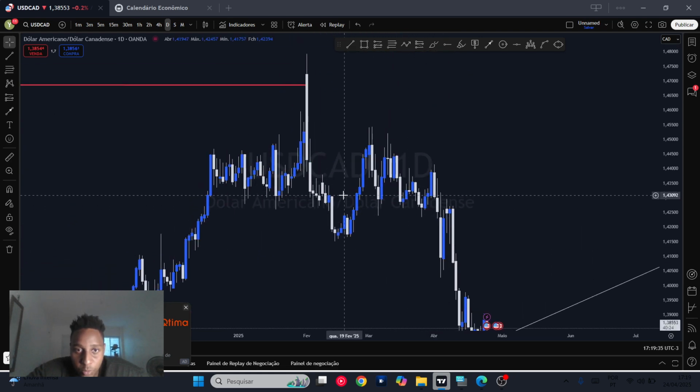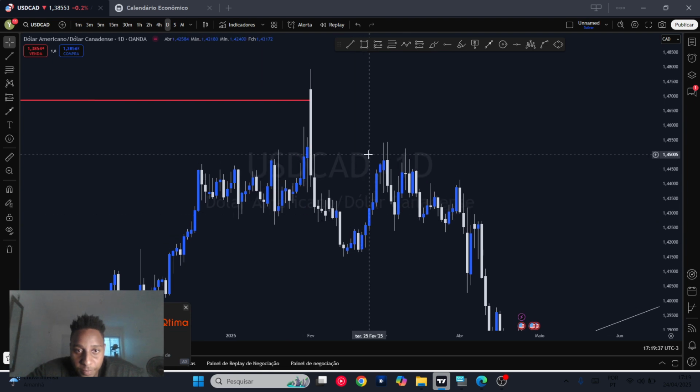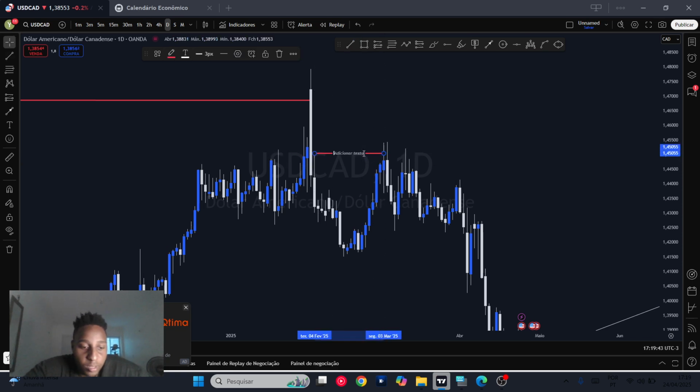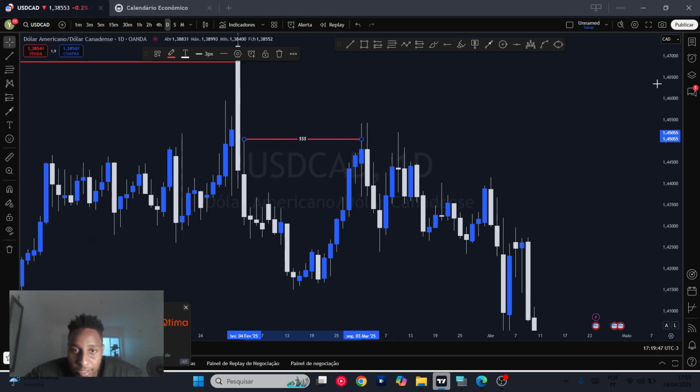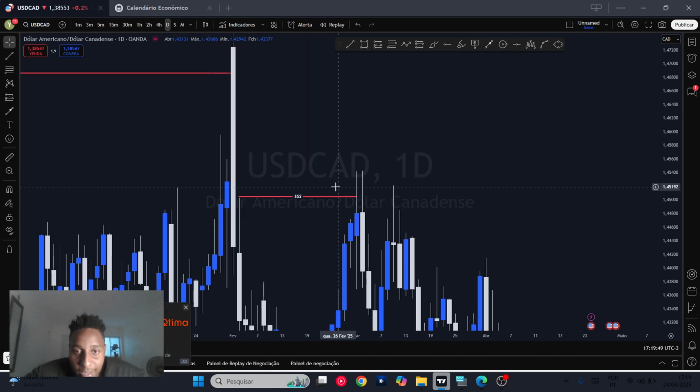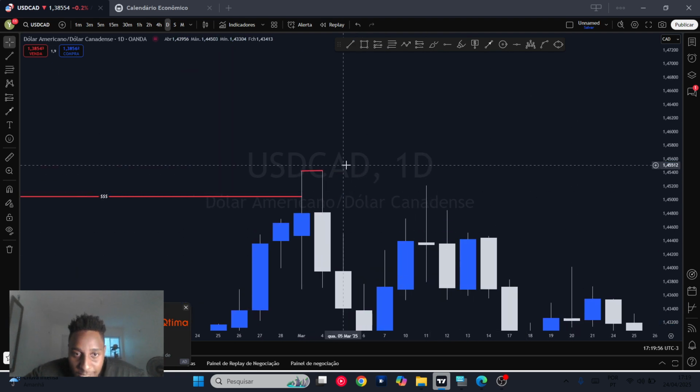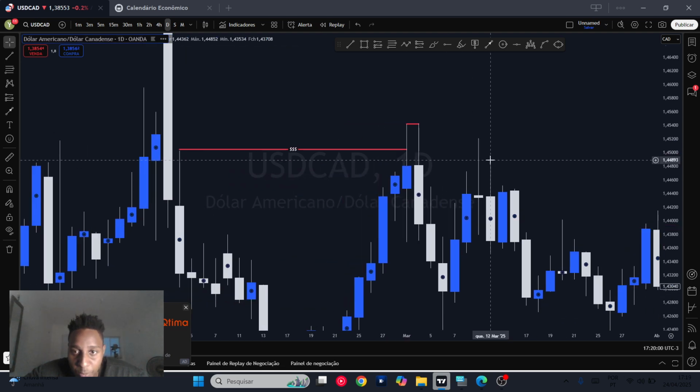For example, on the 1 hour time frame, this liquidity right here, price simply took the liquidity and fell right here. These two candles, like previous day highs, for example, this day high right here, I don't know if you can see it, but I know you guys spotted it with me.